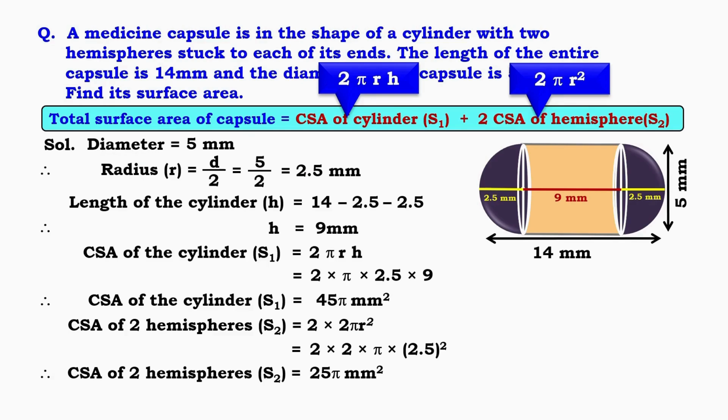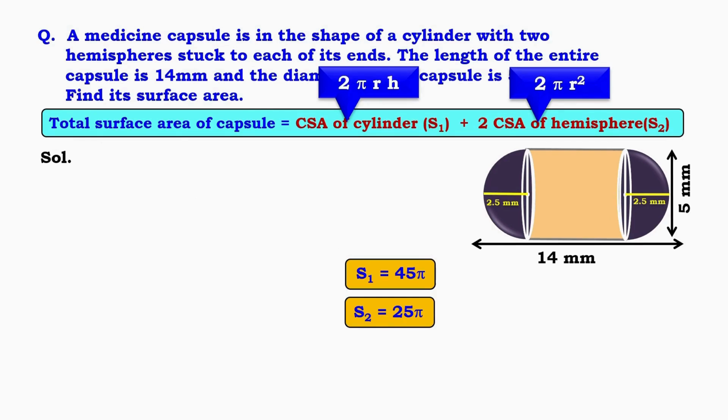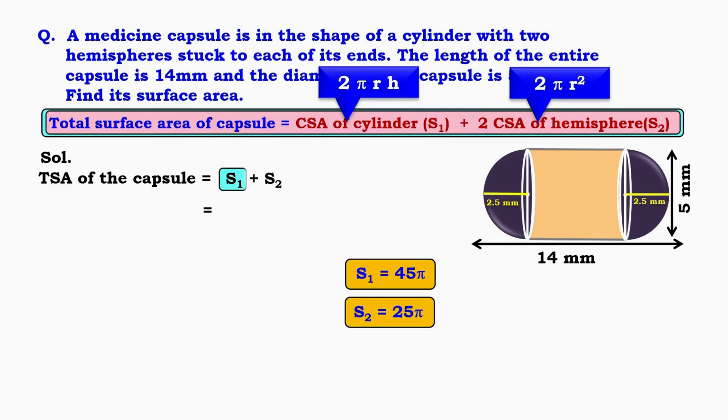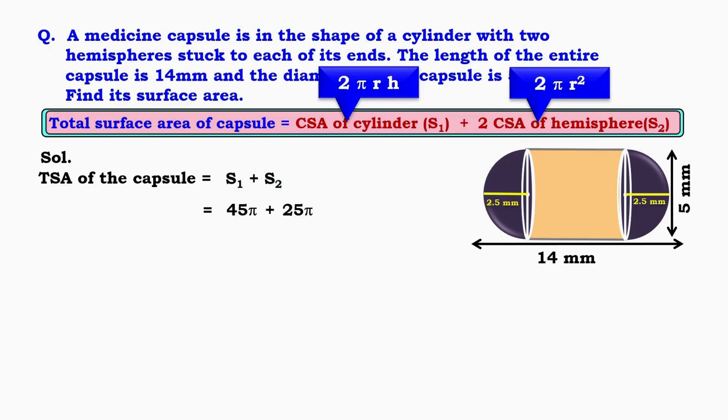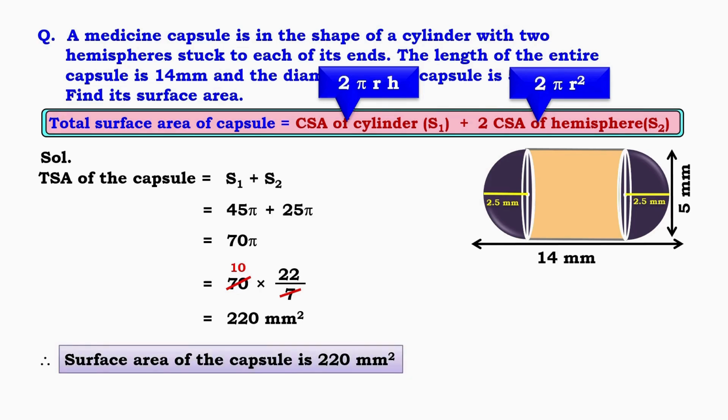So the total surface area of the capsule will be the CSA of the cylinder plus the CSA of two hemispheres, that is 45 pi plus 25 pi, so it is coming 70 pi. Now let us replace the value of pi, which becomes 220 millimeter square. So the surface area of the capsule is 220 millimeter square.